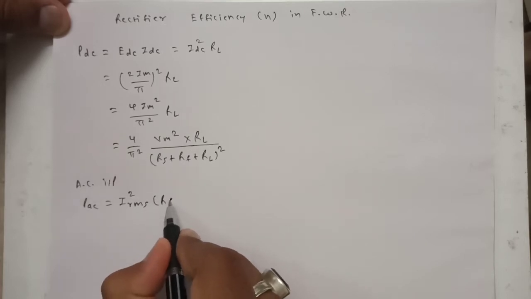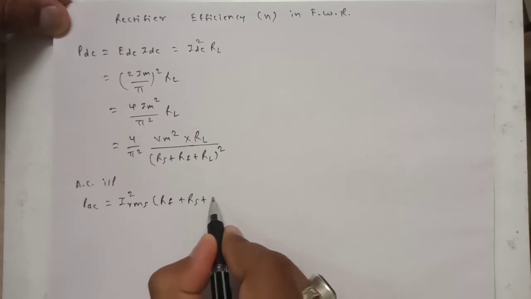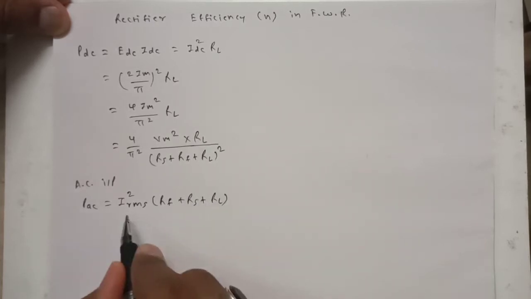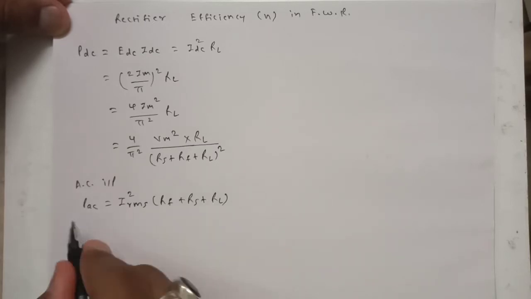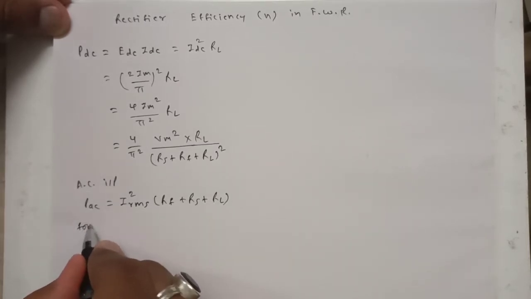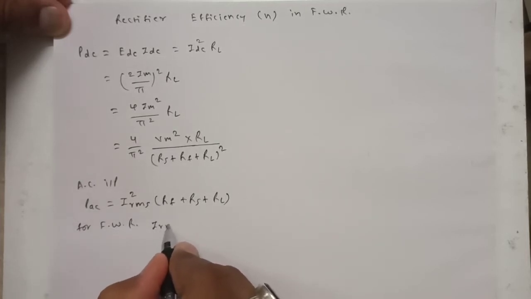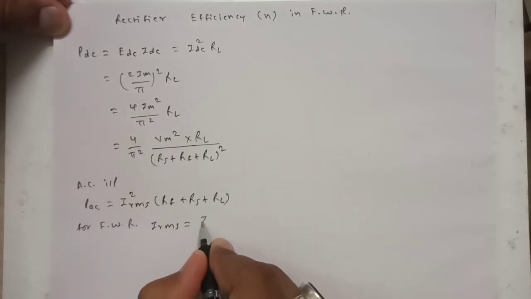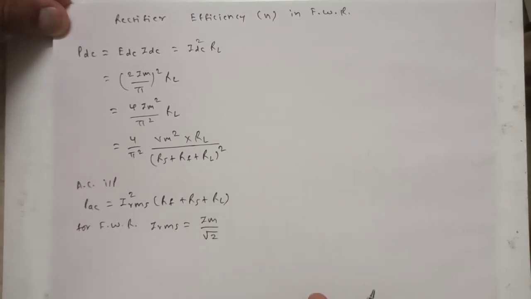All the resistors we should consider here, Rf plus Rs plus RL, which I have already shown you in the diagram. Again, we know for the full wave rectifier IRMS is given by Im by root 2. This equation also we have derived earlier.